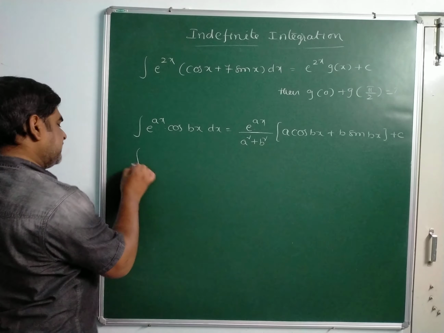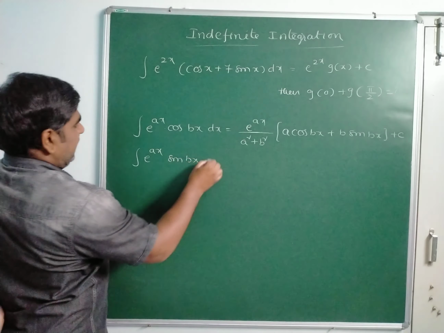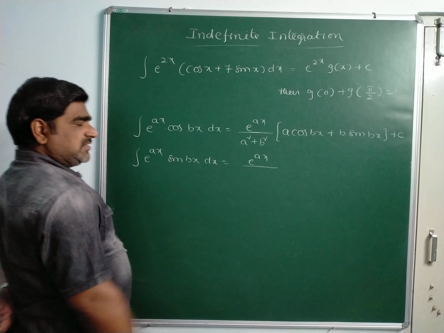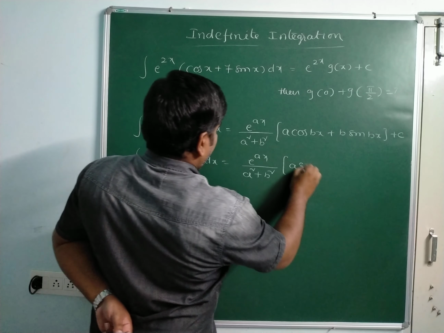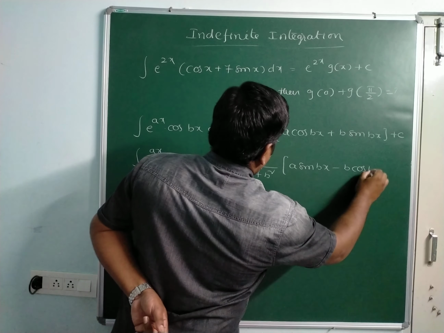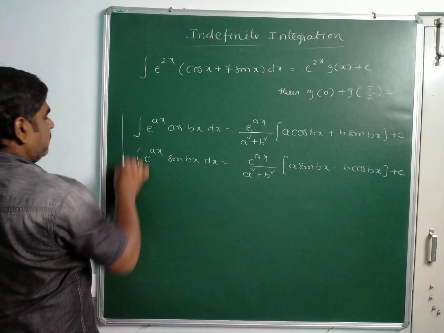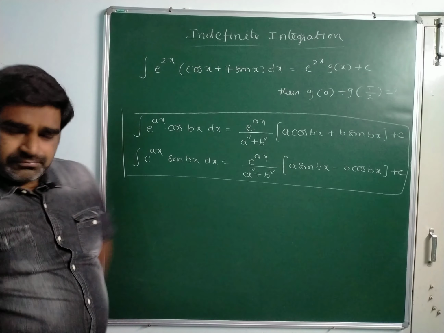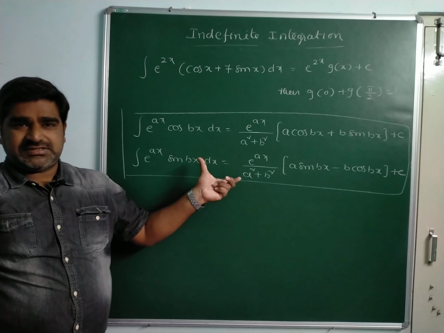And the second one, integral e^(ax) sin bx dx, looks the same: e^(ax)/(a² + b²) times (a sin bx − b cos bx) + c. These two formulas you should remember, it's mandatory.